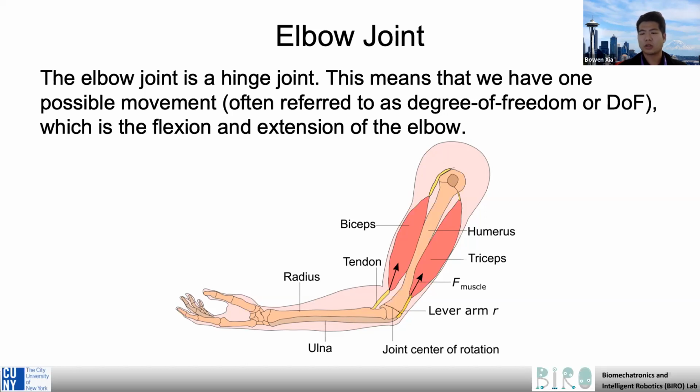To move a joint, a muscle has to span that joint. For example, the biceps can also move the shoulder joint. However, this movement is not very important for us here for this project.